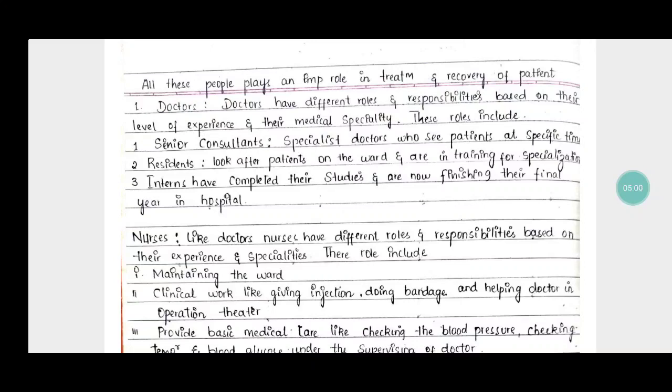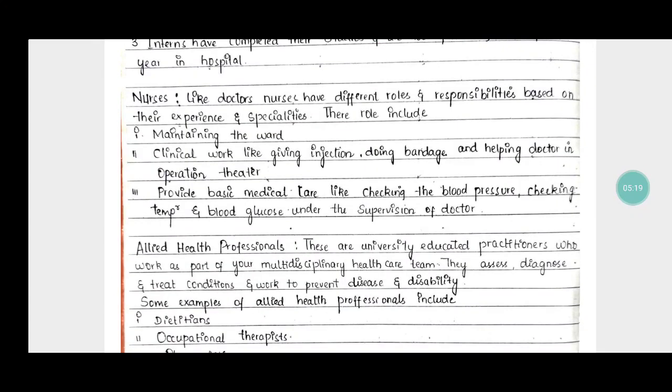So the role of the nurses includes firstly maintenance of the ward, and clinical work like giving injections, doing bandages, and helping the doctor in the operation theater, and maybe providing some basic medical care like checking blood pressure, diabetes, or hypertension, or blood glucose under the supervision of the doctor.